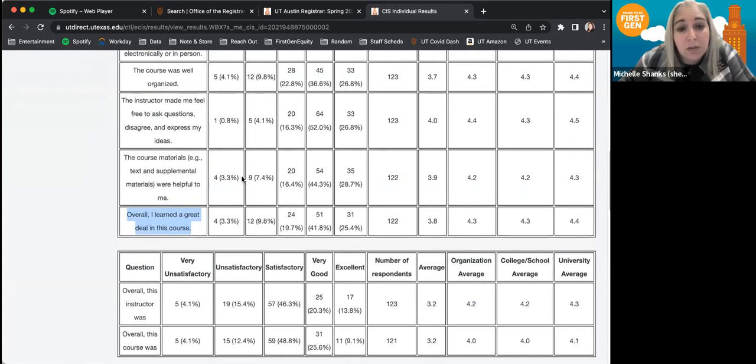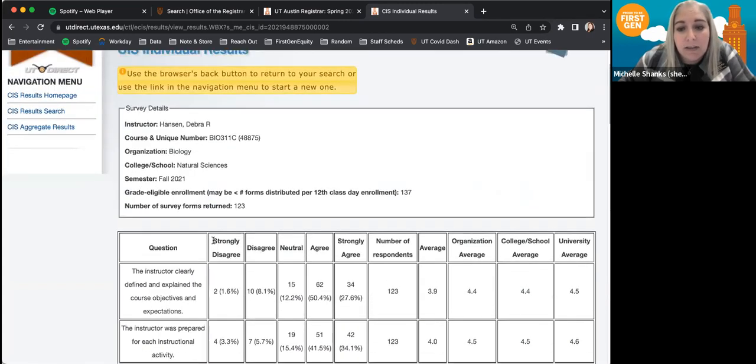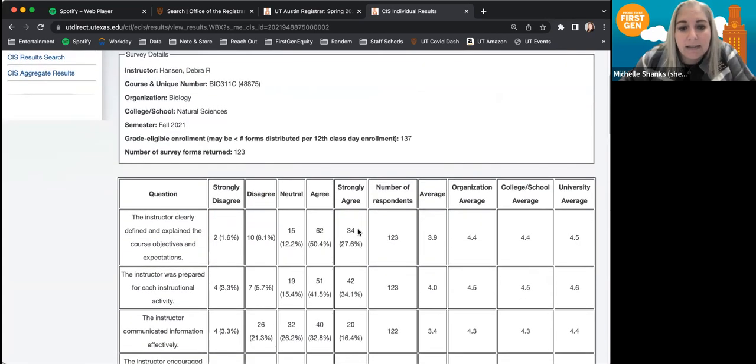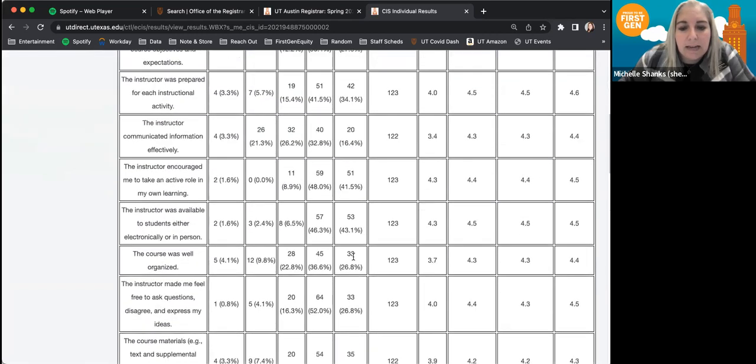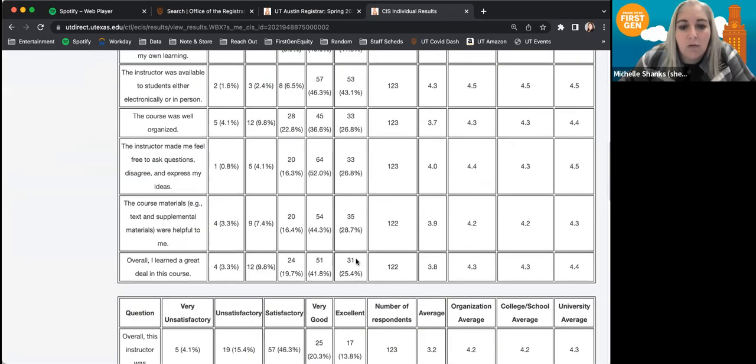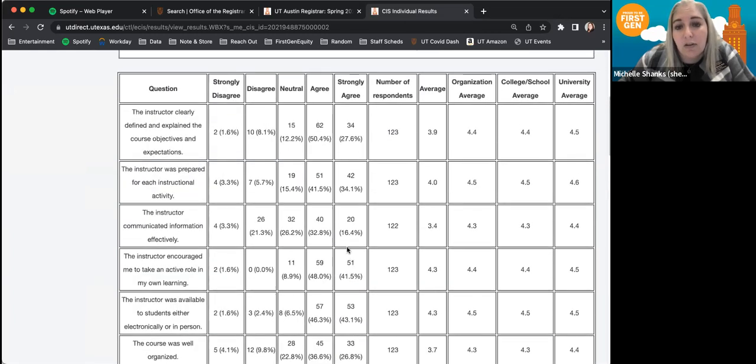But as you look at this table, everything is rated from strongly disagree all the way through strongly agree. It tells you what the average was for what students said. So if I'm going down to overall, I learned a great deal in this course, 31 students or 25% said strongly agree.